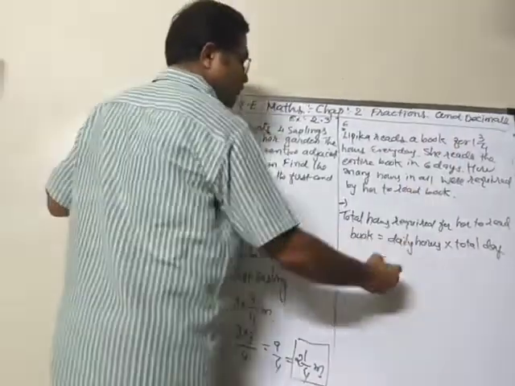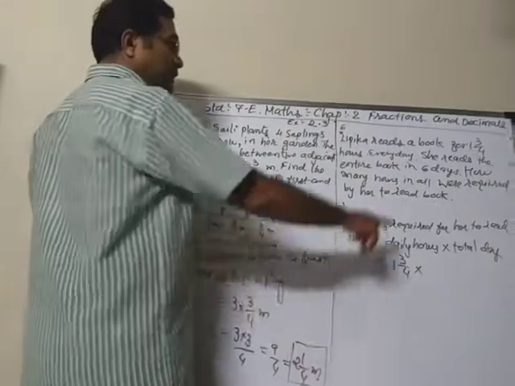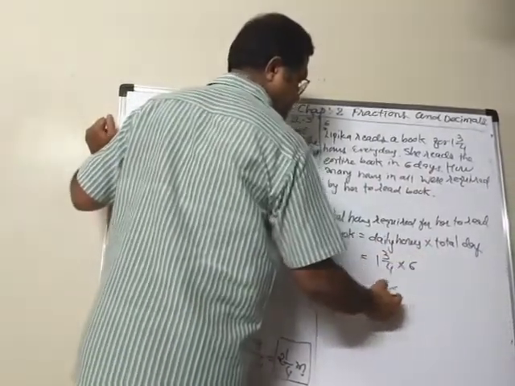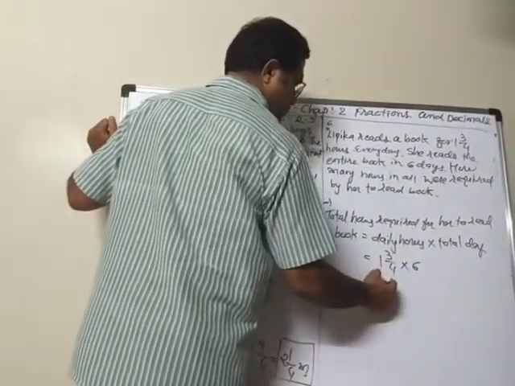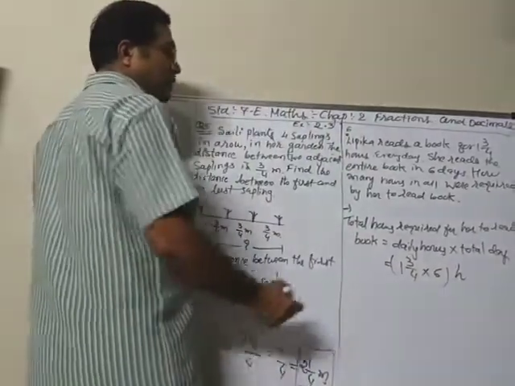So she took one integer 3 by 4 hours multiplied by 6 days. So that many hours total will be required.